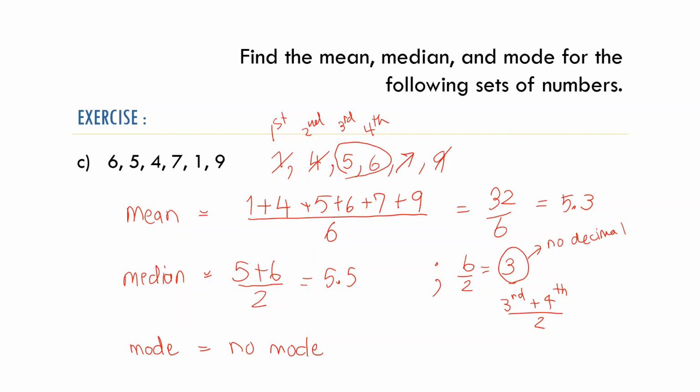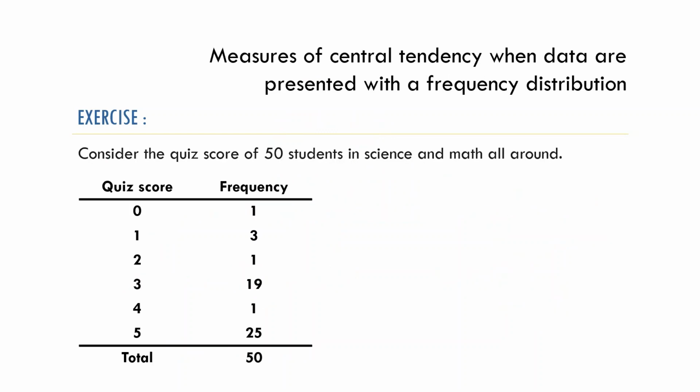Alright, so this is just an example of how to find the central tendencies from a set of numbers that is small. Now, how about if you have data that is presented in a frequency distribution? You have a lot of data in it.